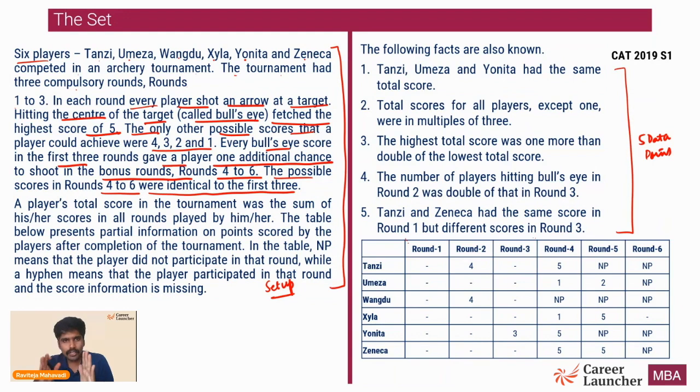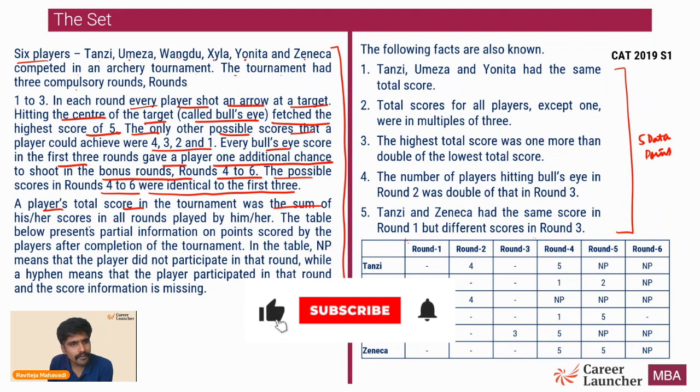If you score a bullseye in round 1 or round 2 or round 3, if you score one 5 pointer in any of the rounds, you will be allowed to play one additional round among rounds 4 to 6. If your score is 5 in all the first 3 rounds, then you will be allowed to play all the 3 rounds after that. A player's total score in the tournament was the sum of the scores.